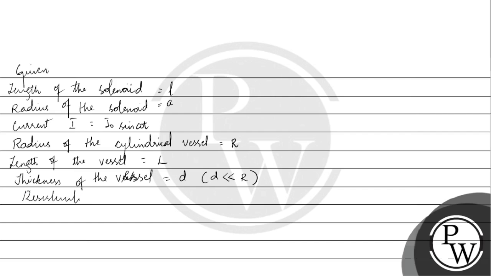So सबसे पहले we will see what is the magnetic field and number of turns. उसको दिए हैं कैपिटल N. Number of turns per unit length मेंशन करना है.